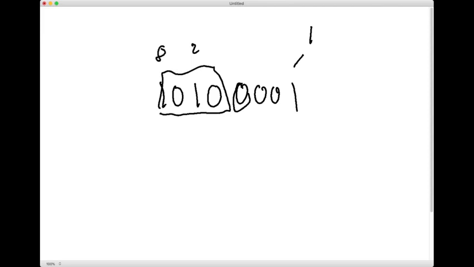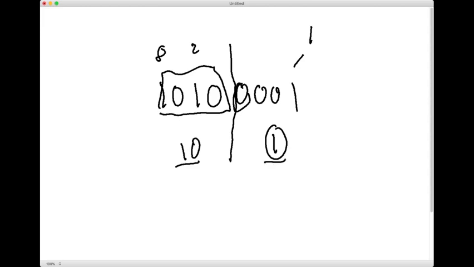So if we split it in half, and instead of looking at this in terms of a base 2 system, we convert this into hex, we split this into two sets of 4 bits, and this side will have a value of 1, and this side will have a value of 10.